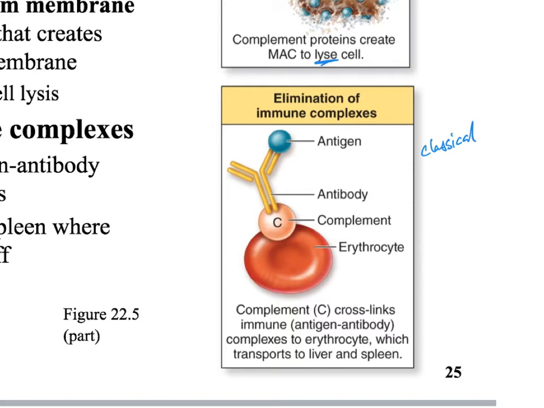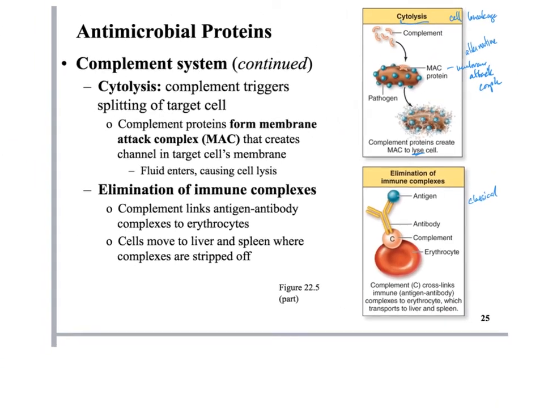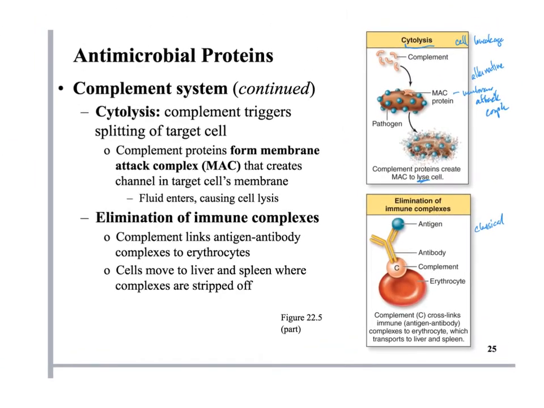This is an elimination of immune complex. So an antibody binds to, in this case, an erythrocyte, or it could be a bacteria or something of that nature, and the complement is activated, and then it brings it somewhere to be disrupted. The cells move to the liver where their complements are stripped off and then cleaned out.